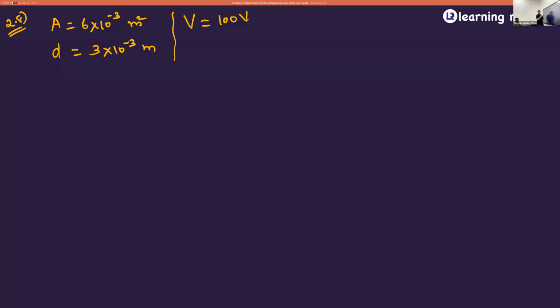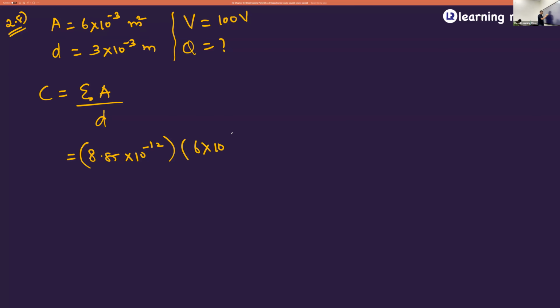So Q is equal to how much? Okay, listen to this carefully. What is the capacitance? It is going to be epsilon naught A divided by D. The value of epsilon naught is 8.85 into 10 power -12, into A, 6 into 10 power -3, divided by the distance of separation, 3 into 10 power -3.